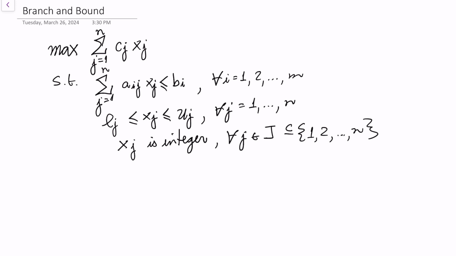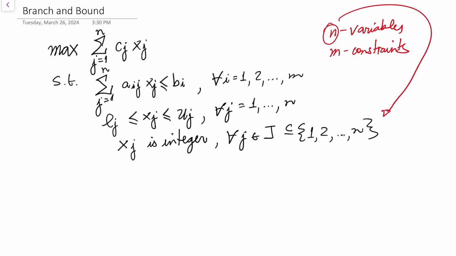So in this case, we have a model that has n variables and m constraints, where n is the dimension of the decision vector, and m is the number of constraints that I have in my problem.